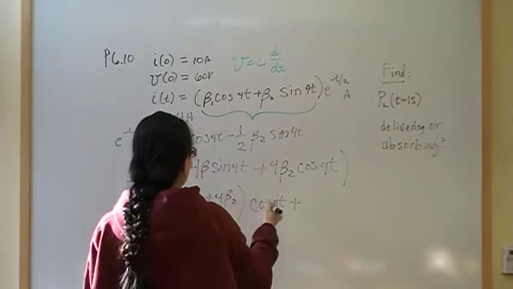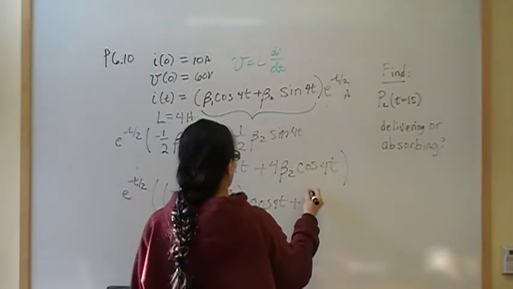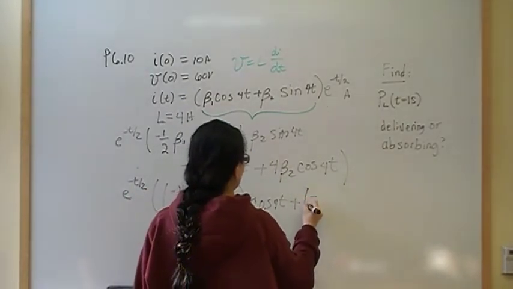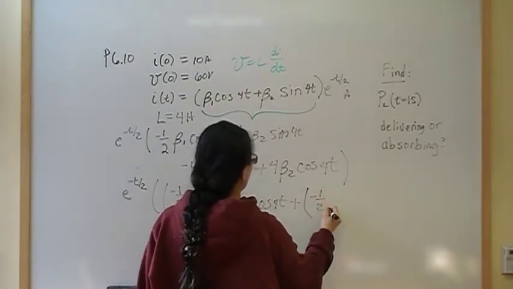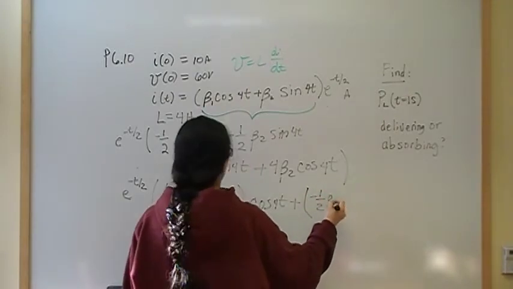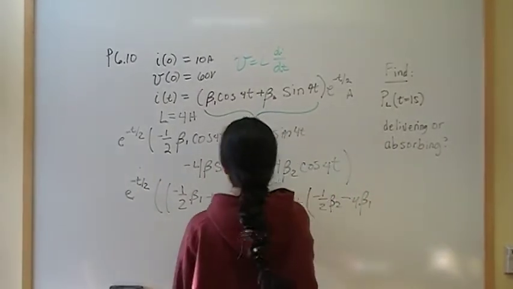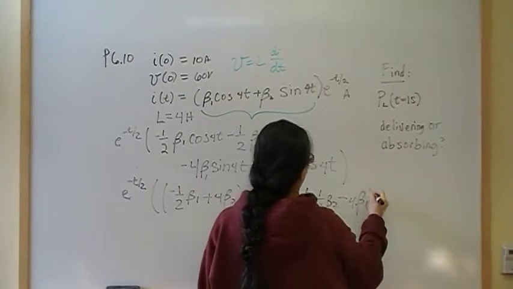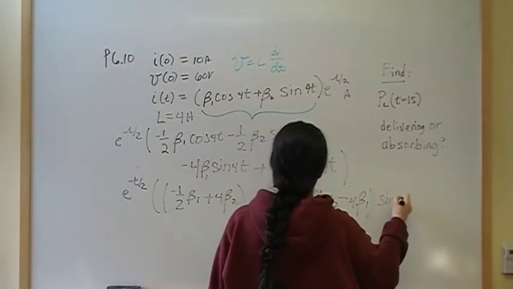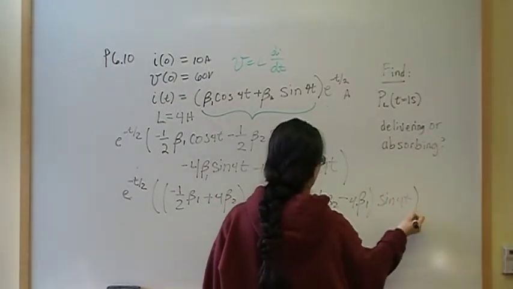And then for the sines, I have the coefficients of the sine term: negative 1/2 beta 2 minus 4 beta 1. And that is times sine 4t.